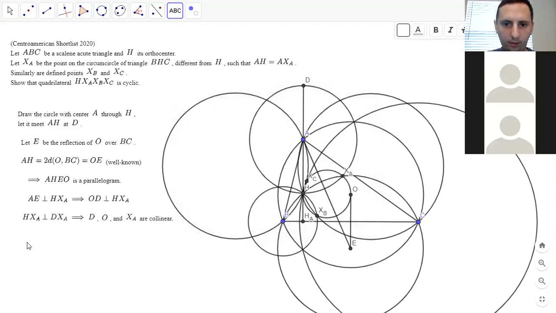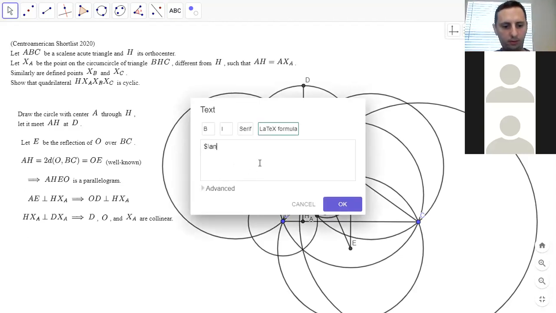So then angle HXAO equals, and similarly angle HXCO equals 90, and so that means that HXA XB XCO is circular.